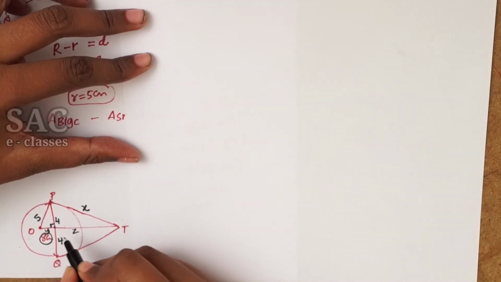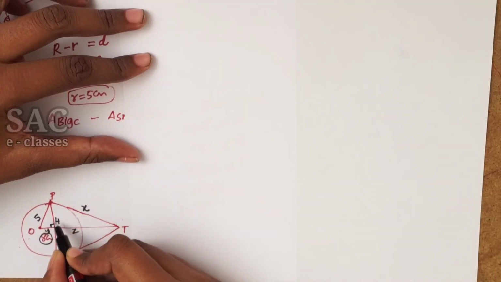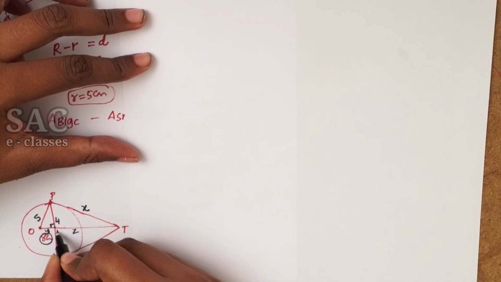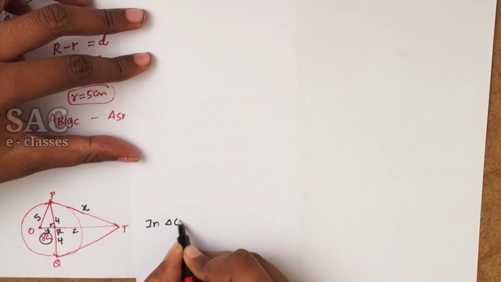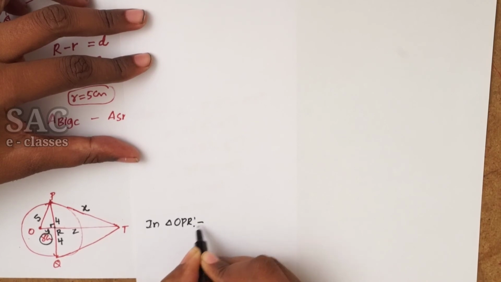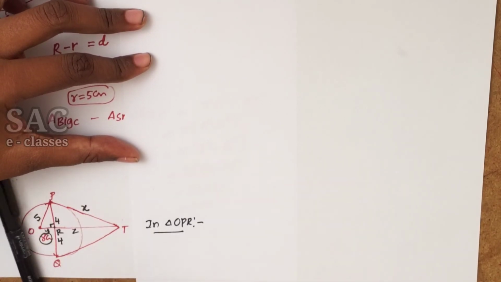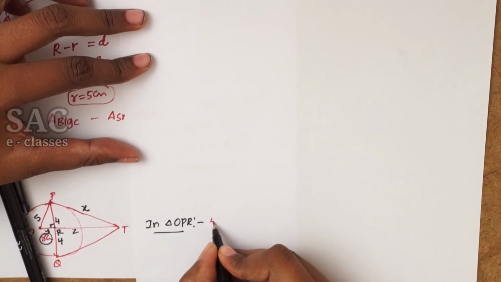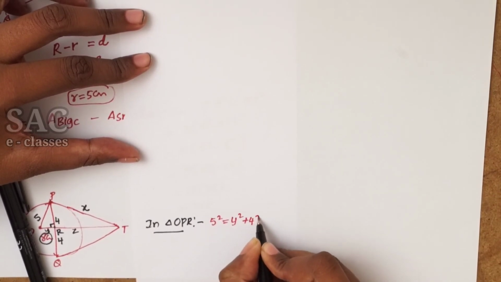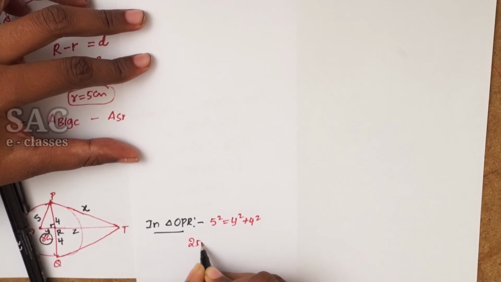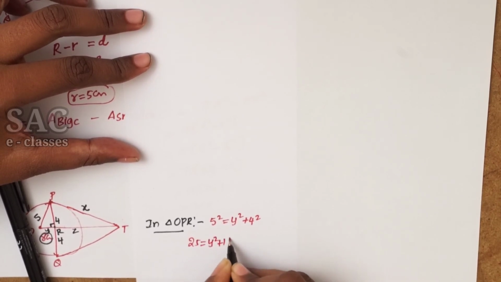Now look at the triangle OPR. In triangle OPR, use the Pythagoras theorem. 5 square is equal to y square plus 4 square. Then 25 equals y square plus 16. 25 minus 16 equals y square.